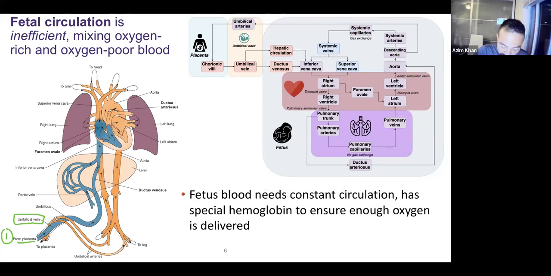If we start here in the mother, the uterus is in the pelvic cavity. So that means from the mother, you had the internal iliac artery leading to maternal capillaries.